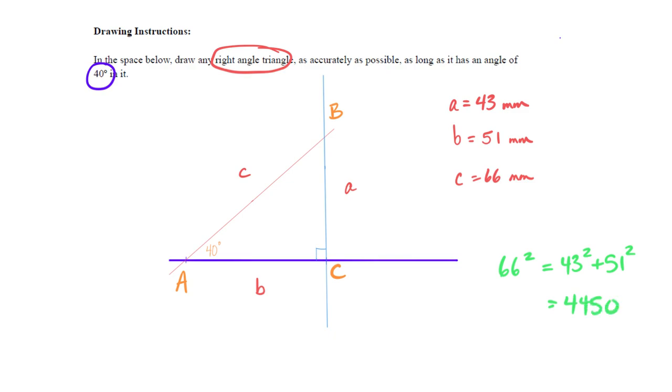But if I take 66 squared, I get 4,356. Those are not equal. So I've got some human error in there, or some tool error, that's all. No worries. I measured it as accurately as I could. I'm going with those measurements.